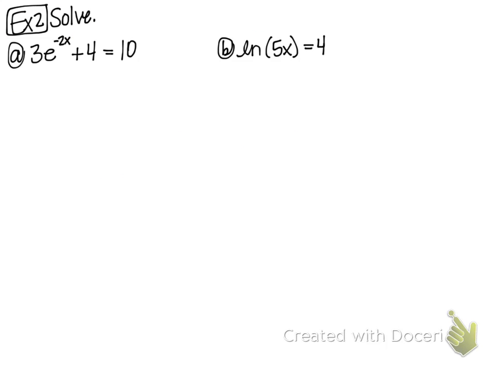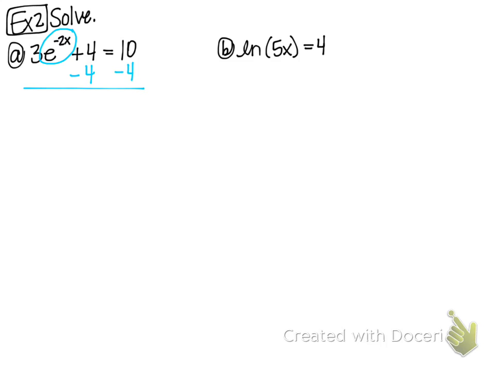Okay, so in order to do this, remember, previously we said that we have to get the e or the natural log isolated. So if you look here, we have e to the negative 2x. We want to get that by itself. So if we were treating this like any other expression, we would need to do some algebra here. We need to subtract 4 and then divide by 3 on both sides. So let's subtract 4 from both sides.